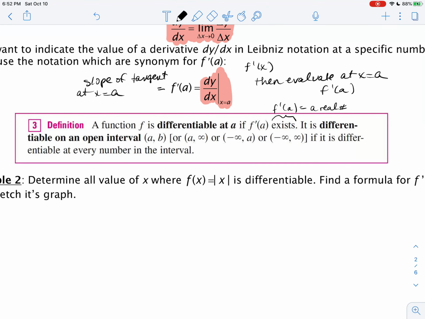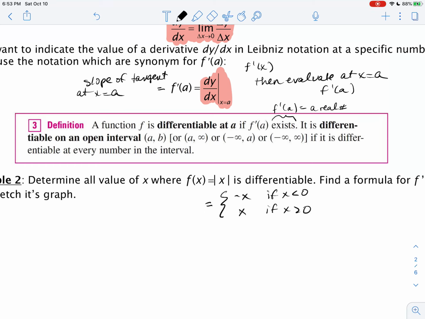So if you recall, your absolute value function as a piecewise defined function is equal to minus x if x is less than 0, and it's equal to x if x is bigger than 0. Okay.